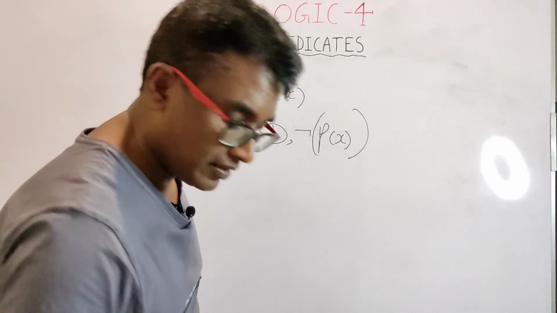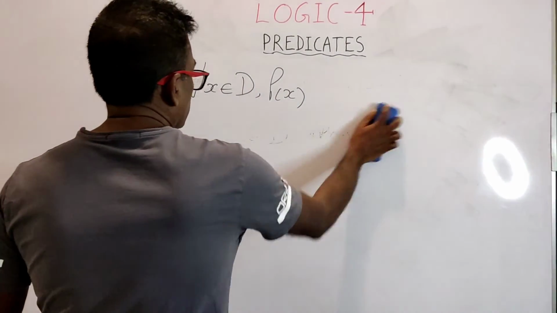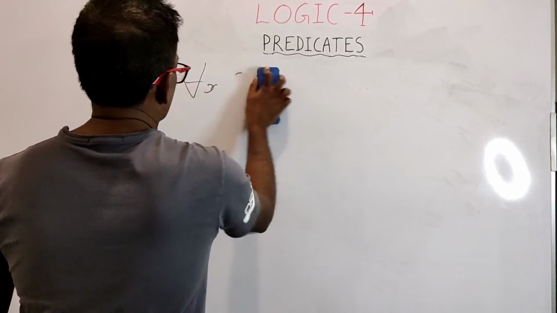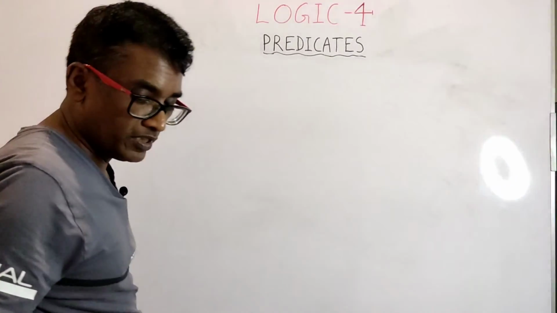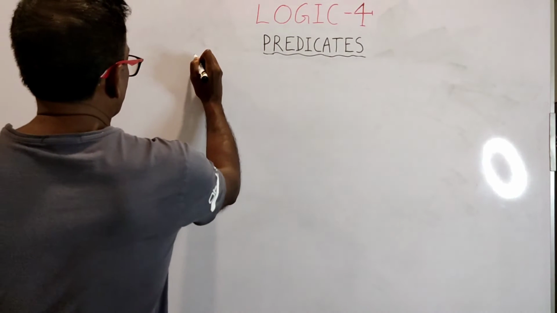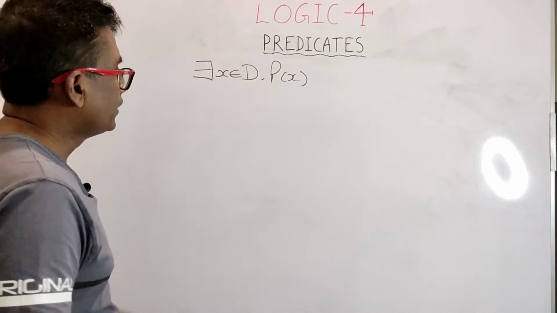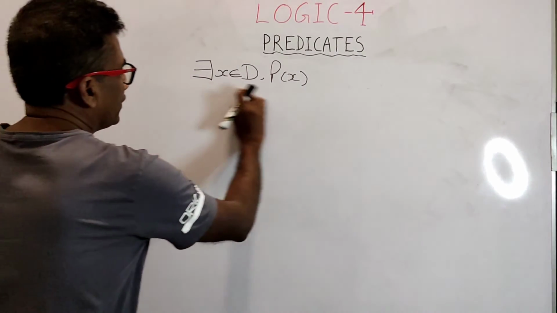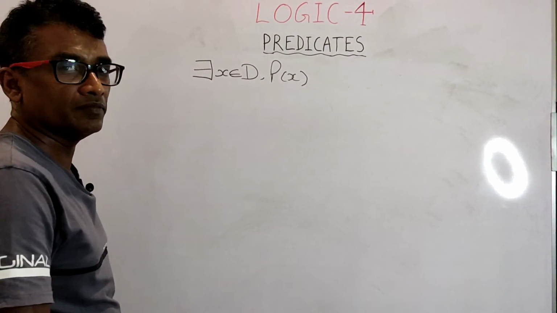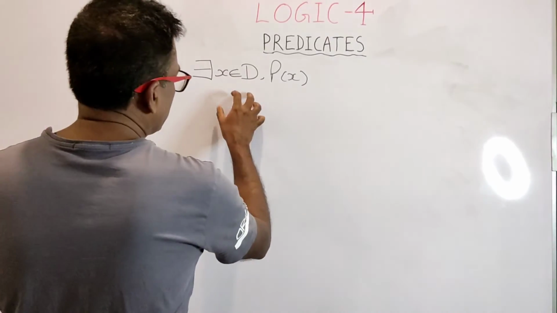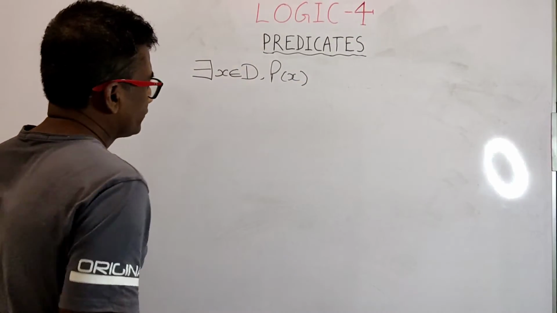Now we will see how we are going to disprove a statement involving the existential quantifier. Imagine someone came up with this proposition. How are we going to prove that this proposition is false?